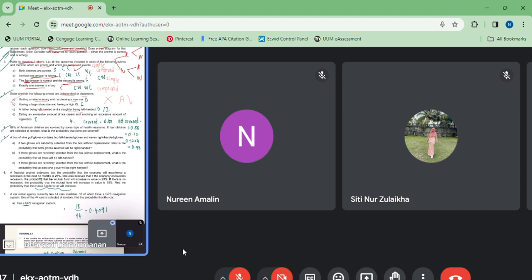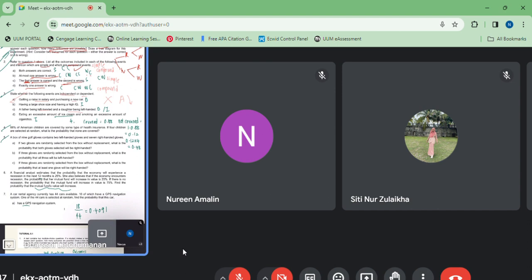I don't know, but that's how it works. So it can be dependent. Maybe she learned from her father. Oh, my father writes left hand side, I should write left. Or she just naturally writes in left hand. And the last one is eating excessive amount of ice cream and smoking excessive amount of cigarettes. There's no relation at all, because just because you eat a lot of ice cream doesn't mean you want to smoke, right?